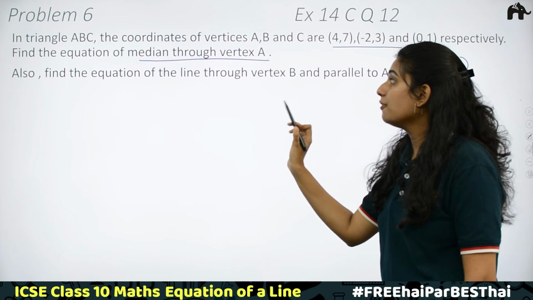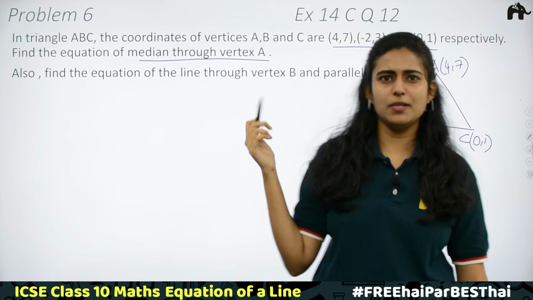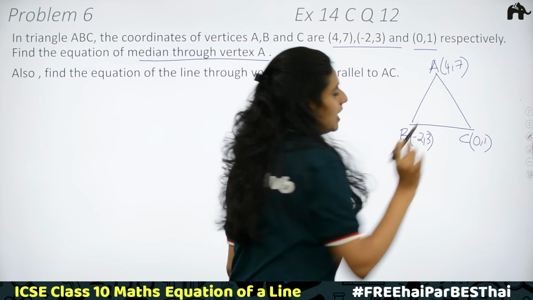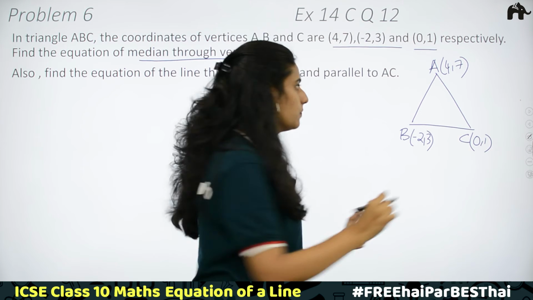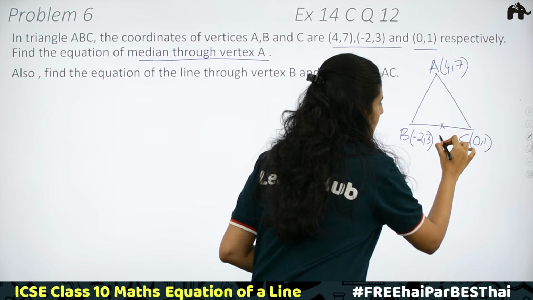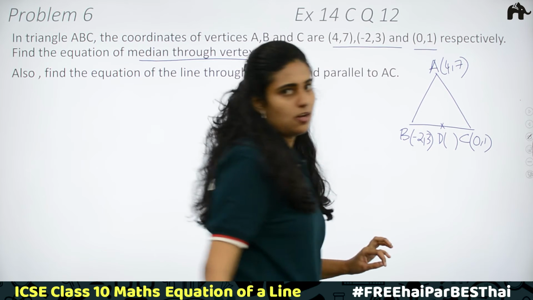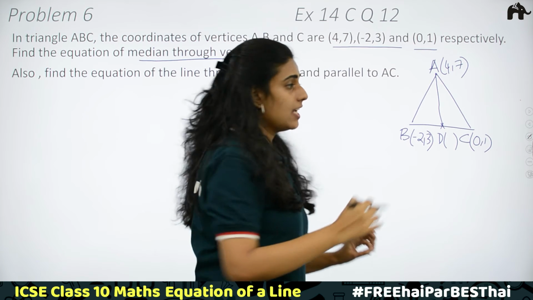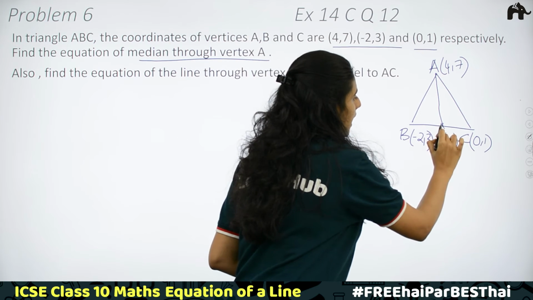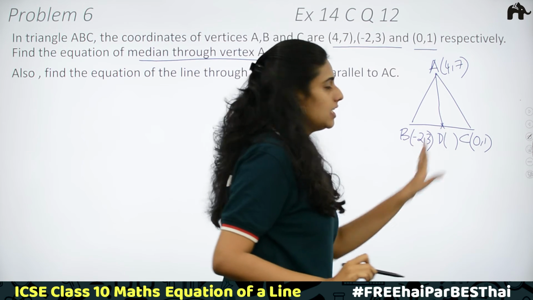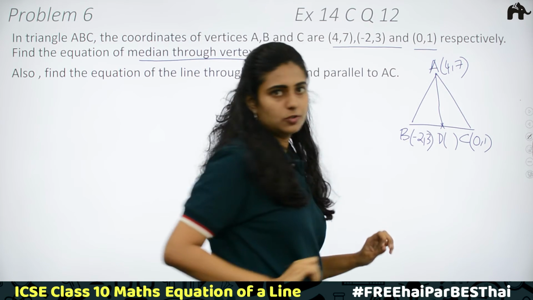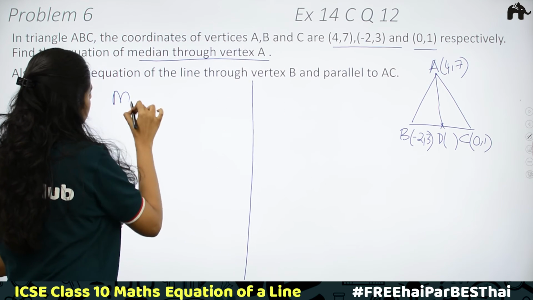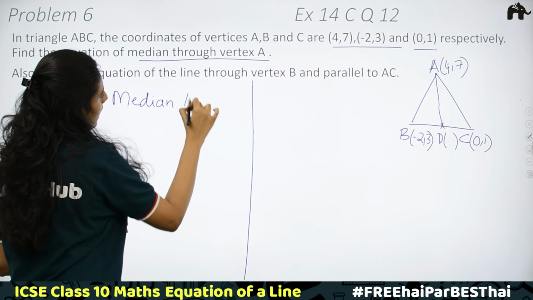Find the equation of the median through vertex A. What is a median? Starting from vertex A, cutting the opposite side BC at its midpoint. Let's call that point D. We don't know the coordinates of D. So this line which starts from vertex A and ends at the midpoint of BC is the median, median AD.